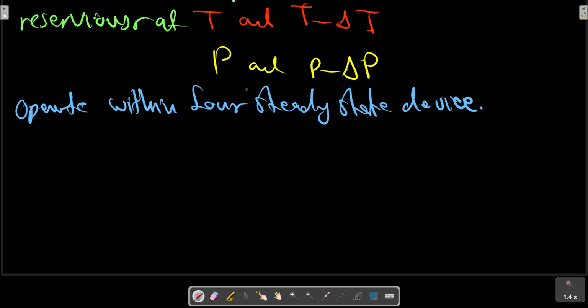In the high temperature heat process, the working fluid changes from saturated liquid at point 1 to saturated vapor at point 2, as shown in the picture here. Let me show on the next page.